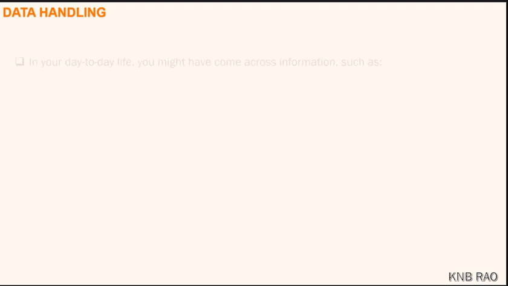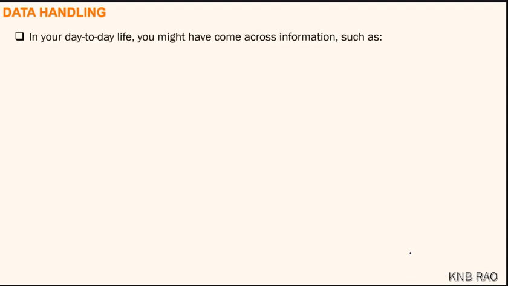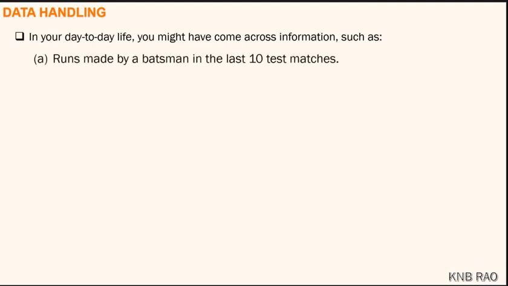Coming to the very simple previous concepts that we have learnt, I am going to bring it to you. 1. In our day-to-day life, we come across information, many of them such as runs made by a batsman in the last 10 test matches.